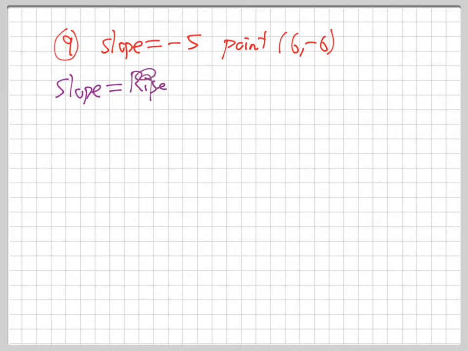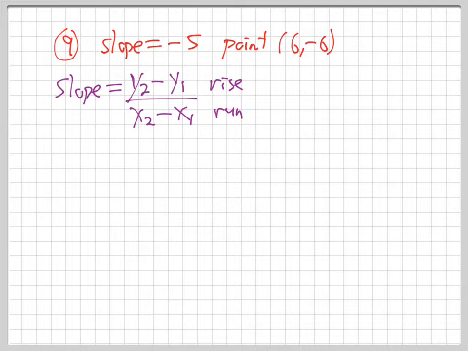But has anybody seen the version of the slope formula like this? Y2 minus y1 over x2 minus x1. Have you seen that before? Yeah. So that's a slope formula. That's the same thing as rise over run, if you think about it, because the difference in y values is a rise, since y is up, down, and x values are sideways, so that's run.